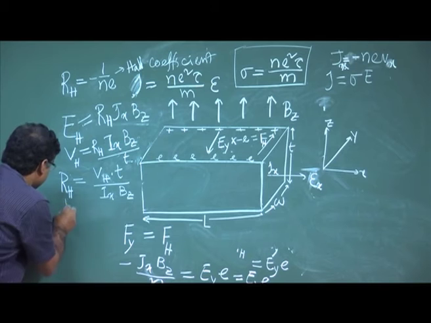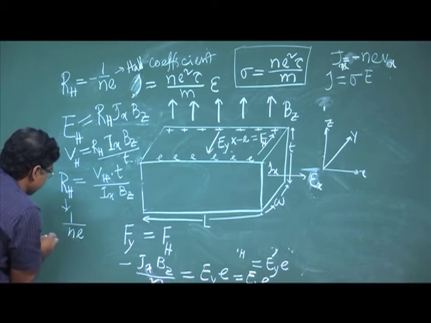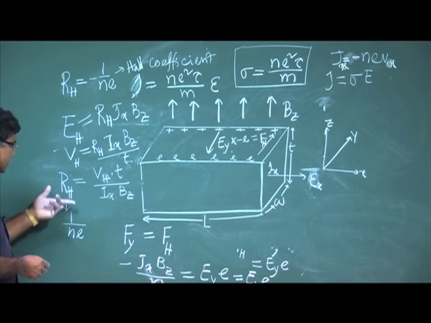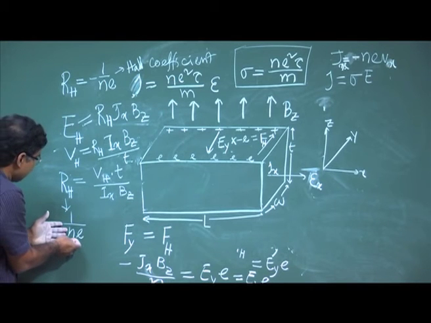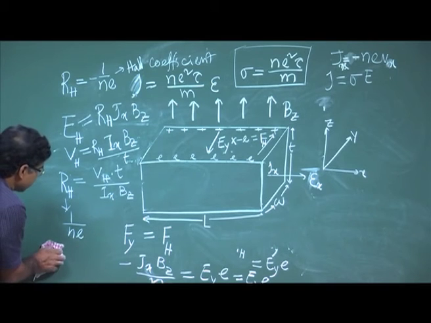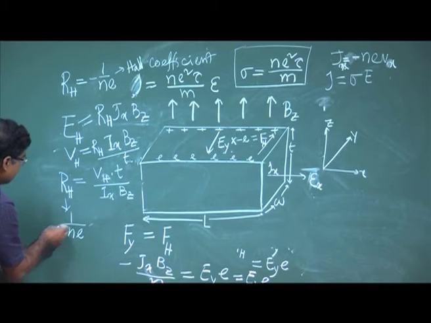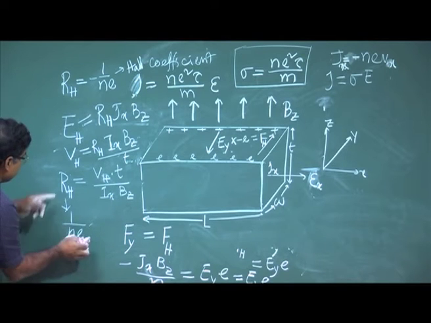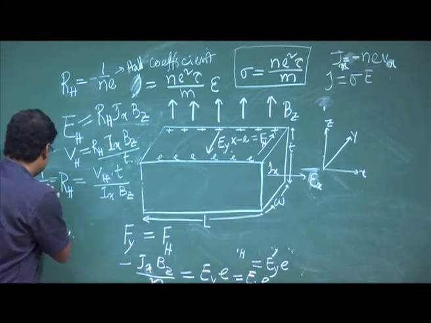R h value is nothing but 1 by n e, right. So, from here you will get the value of n e. So, I can replace this one by 1 by n e.